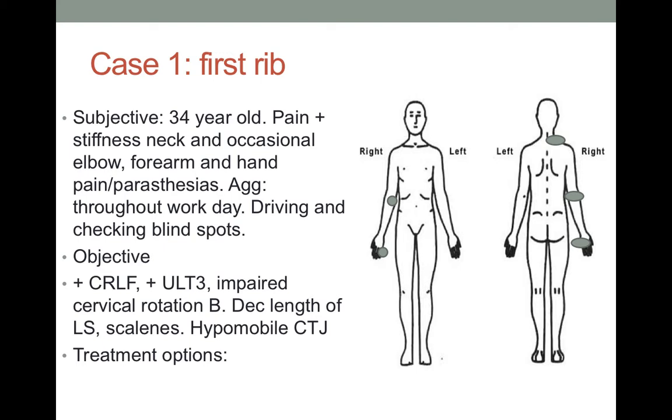Objectively, you have a positive cervical rotation lateral flexion test, a positive ulnar nerve mobility test, decreased cervical rotation, decreased length of levator scapula and scalenes, and a hypomobile CT junction.